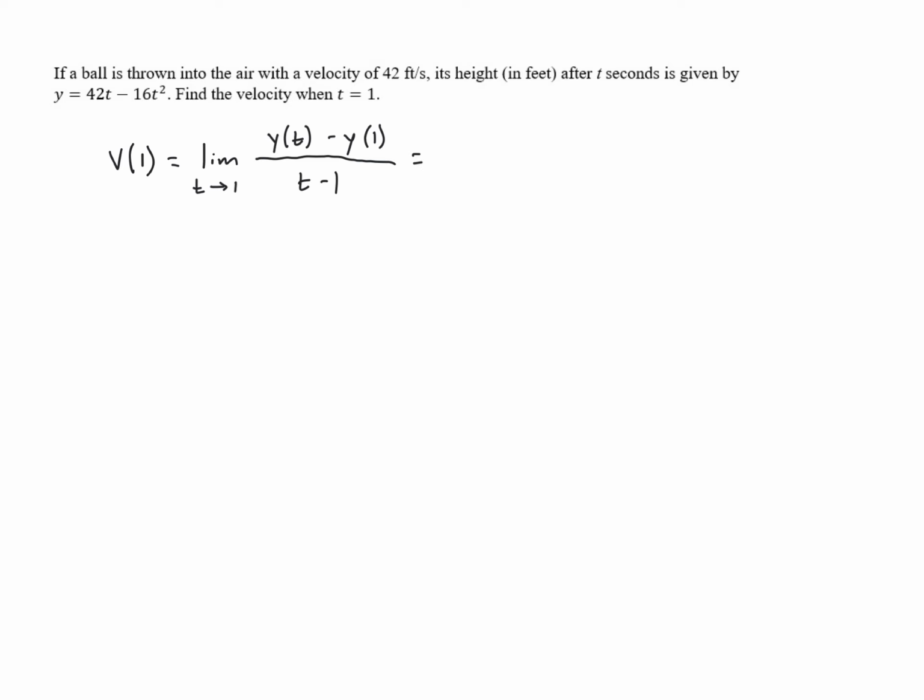And we have to plug in those position functions at those values, and then simplify things and evaluate the limit. So we still have the limit as t approaches 1.